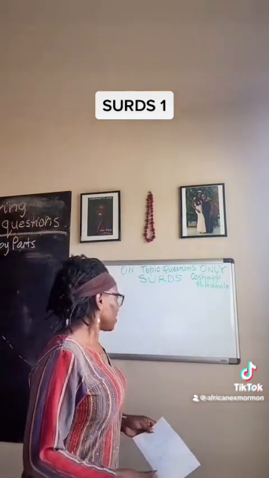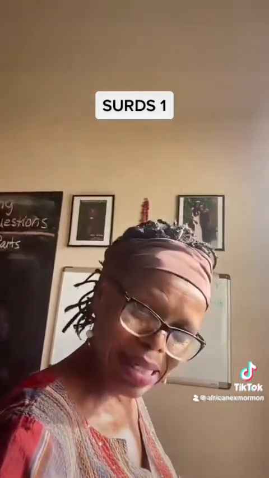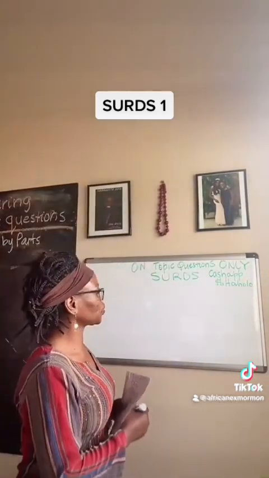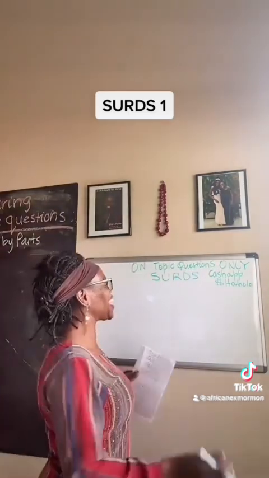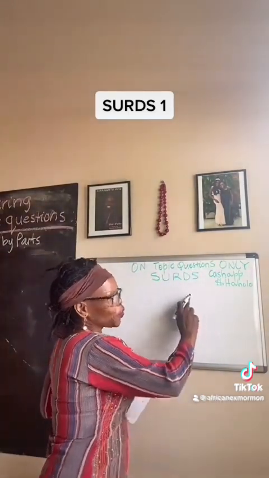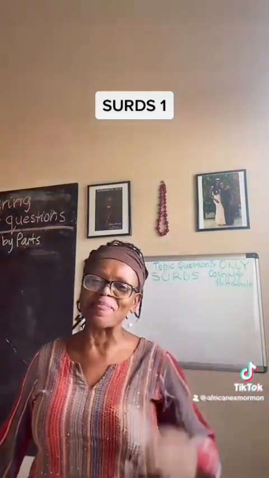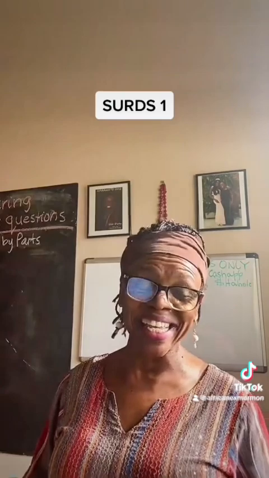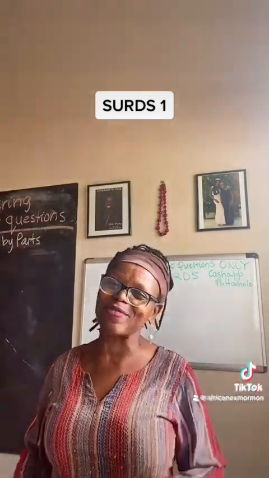Okay, so we talk about Surds because we are dealing with square roots. For example, when we talk about the square root of 25, the question we are asking is, what number multiplied by itself gives us 25?